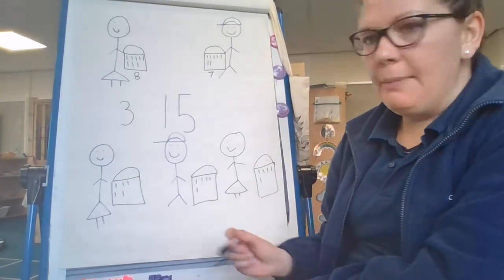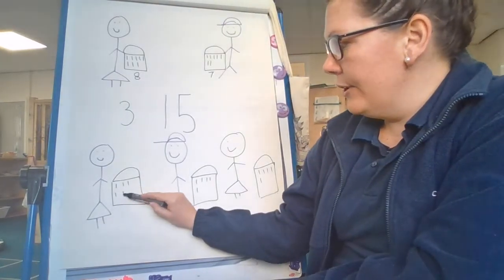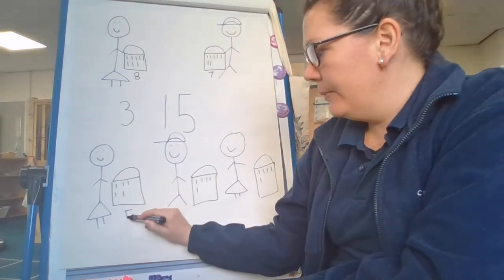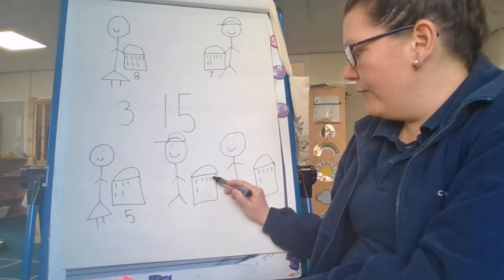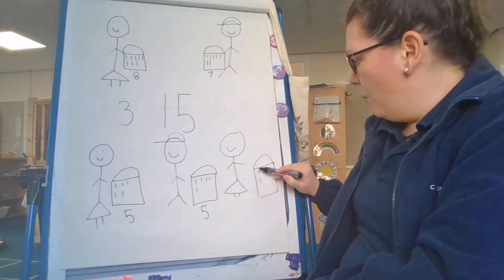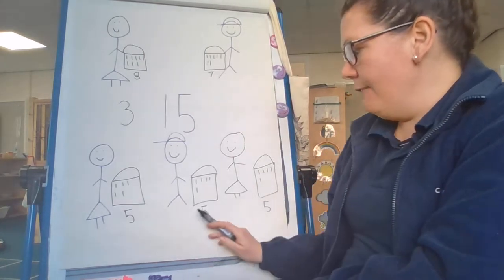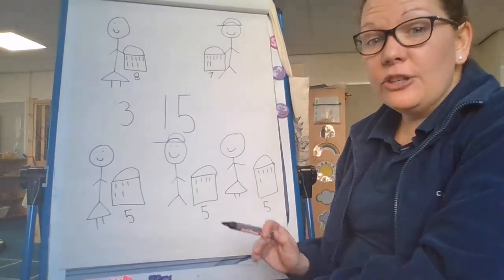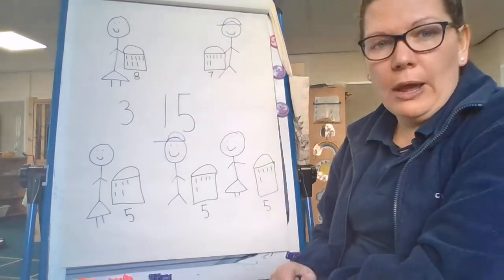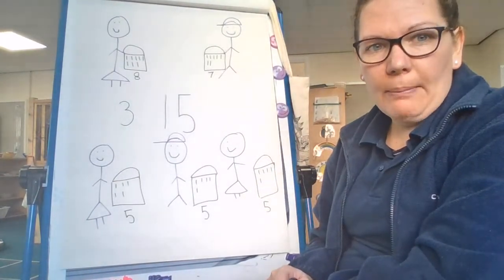Let's see if they've got the same amount in their bags. 1, 2, 3, 4, 5. Each of our bags have got 5 sweets in. So you can share an odd number between an odd number.